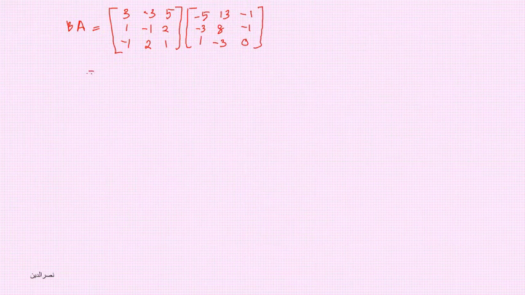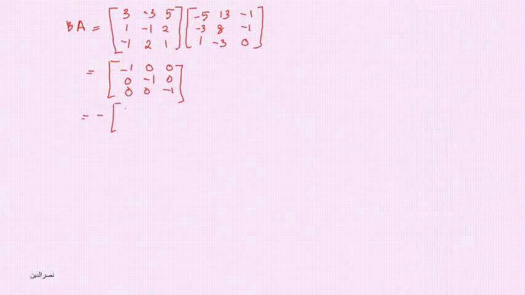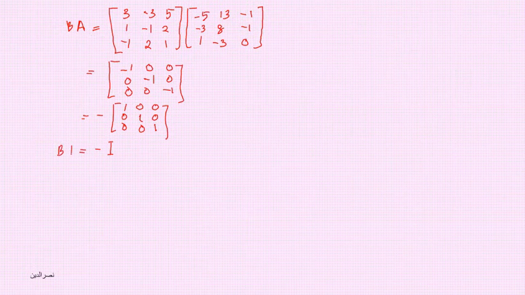By multiplying these two matrices, we get -1, 0, 0, 0, -1, 0, and 0, 0, -1. By factorizing out the negative, that is 1, 0, 0, 0, 1, 0, 0, 0, 1. So that matrix equals the identity. Therefore BA is equal to negative identity.